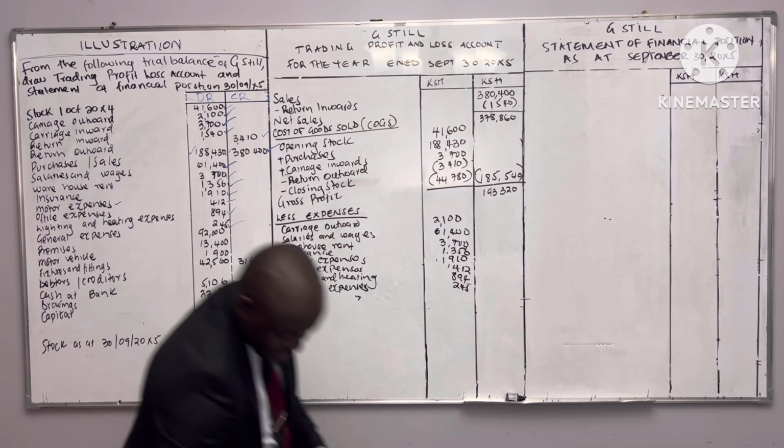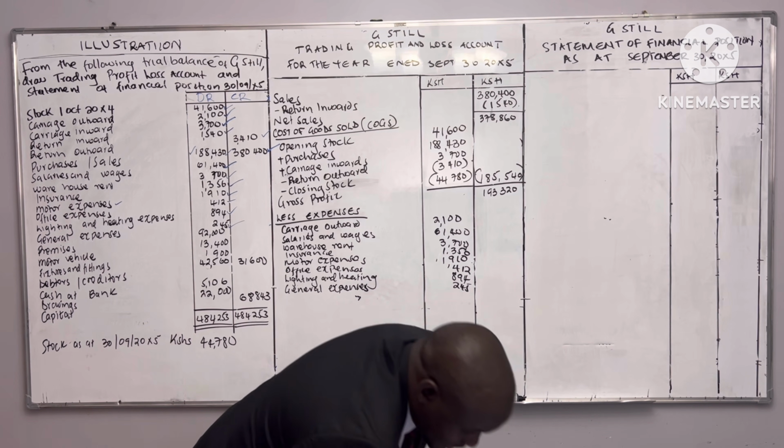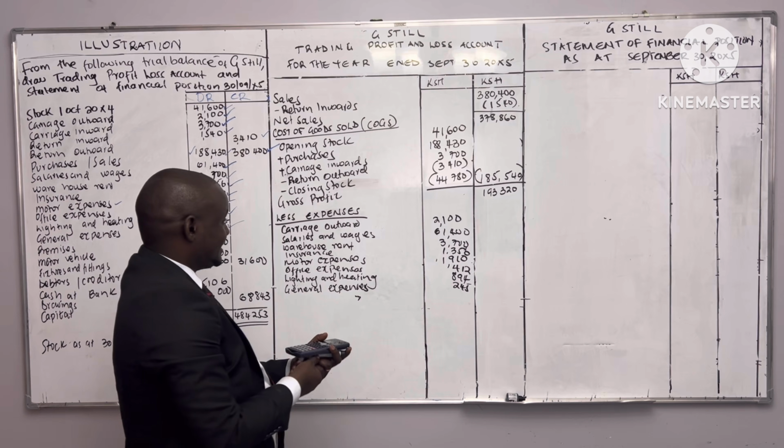So now I get the total of all expenses. I want to add my total expenses here.